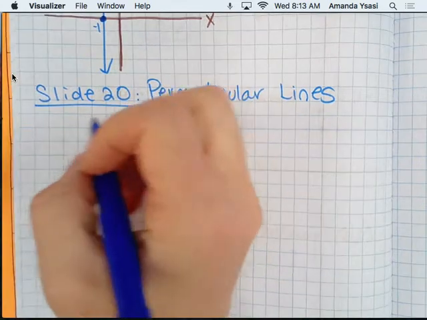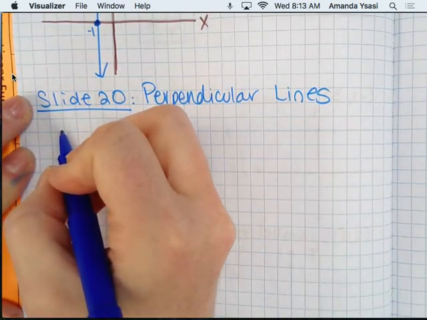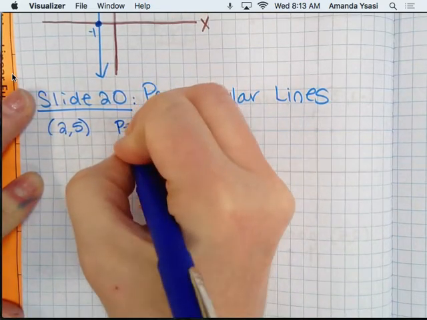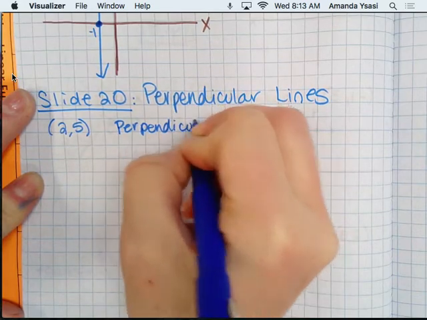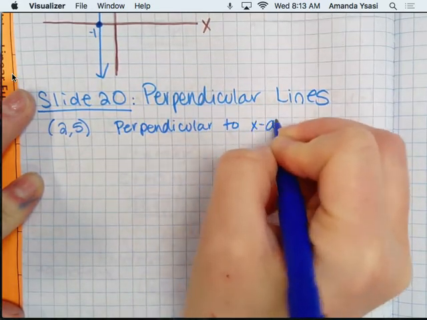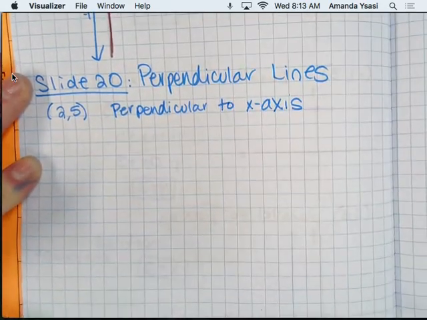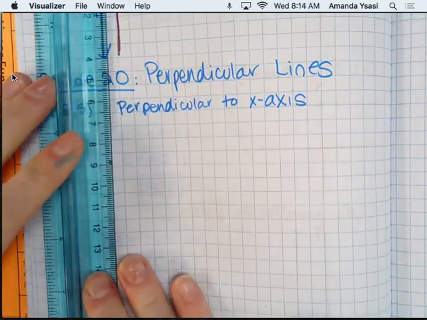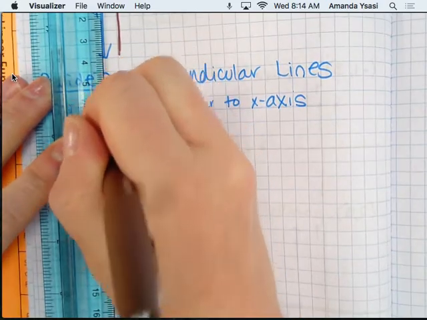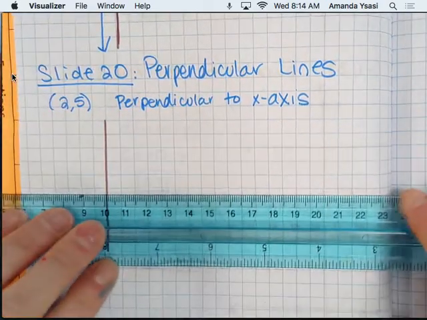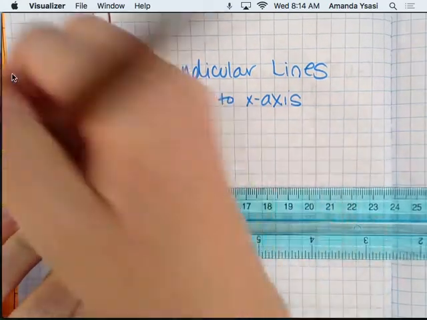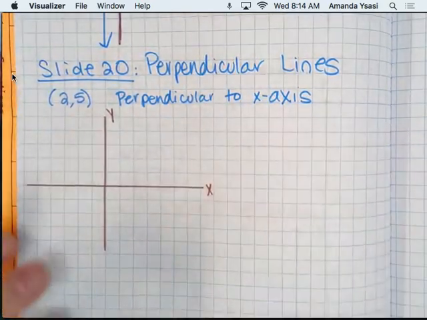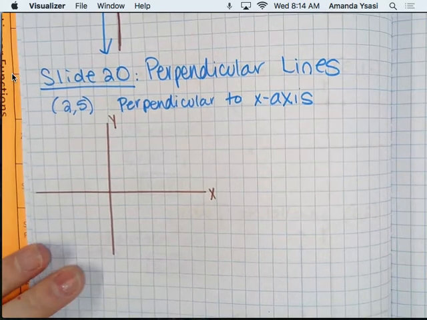The first example says, write an equation with the point 2, 5 and perpendicular to the x-axis. So 2, 5, perpendicular to the x-axis.